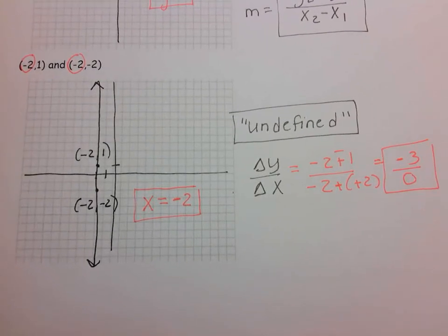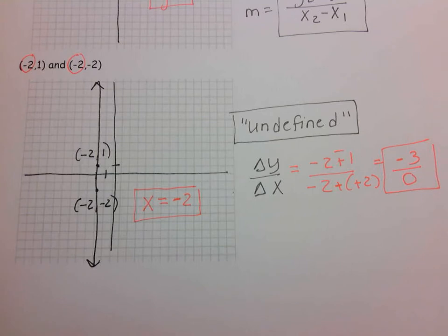Look what I get when I solve for my slope. You can't divide anything by 0. If you were to type that into your calculator, you would get error. You cannot divide anything by 0. And so this is not a function, and this is an undefined slope.